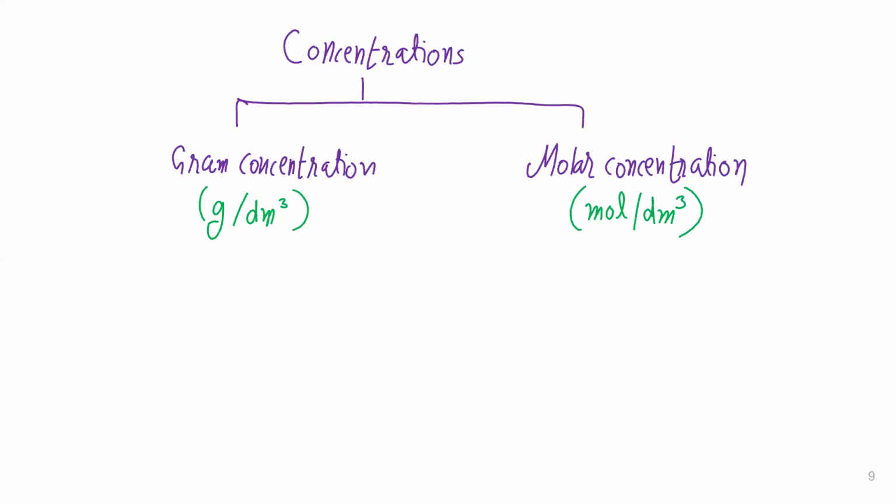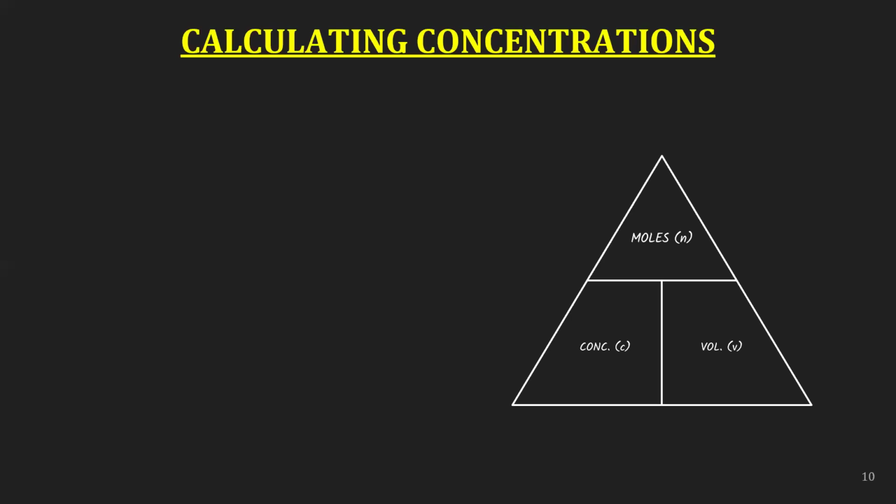I haven't seen questions asking for gram concentration that much. I've mainly seen molar concentration. 90% of questions are on mole per dm cube, which is a common concentration unit.